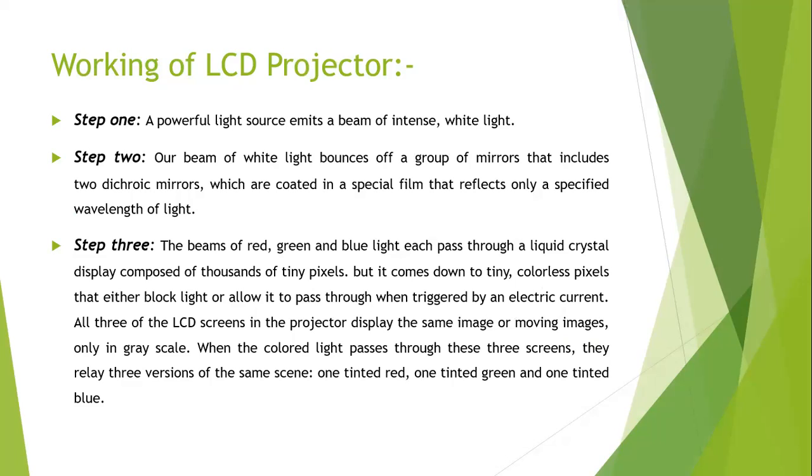In step 2, the beam of white light bounces off a group of mirrors that include two dichroic mirrors, which are coated in a special film that reflects only a specified wavelength of light. So the two dichroic mirrors in an LCD projector reflect only a particular wavelength of light.